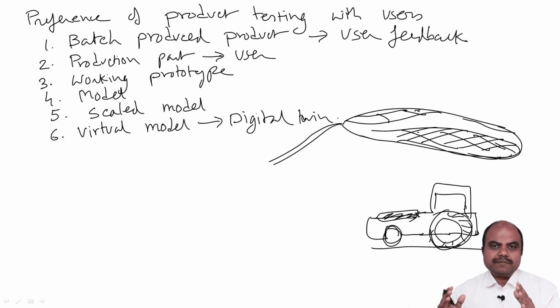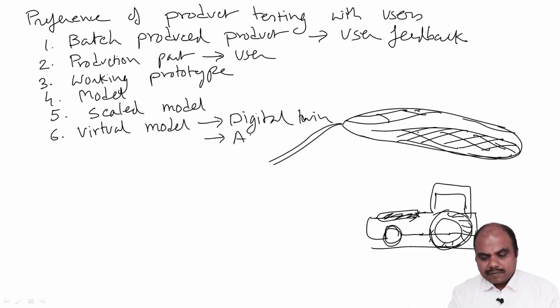So it is a mapping of the physical model into the computer, and all the laws of physics, everything, is taken care of when making the model. This we can show to the user.